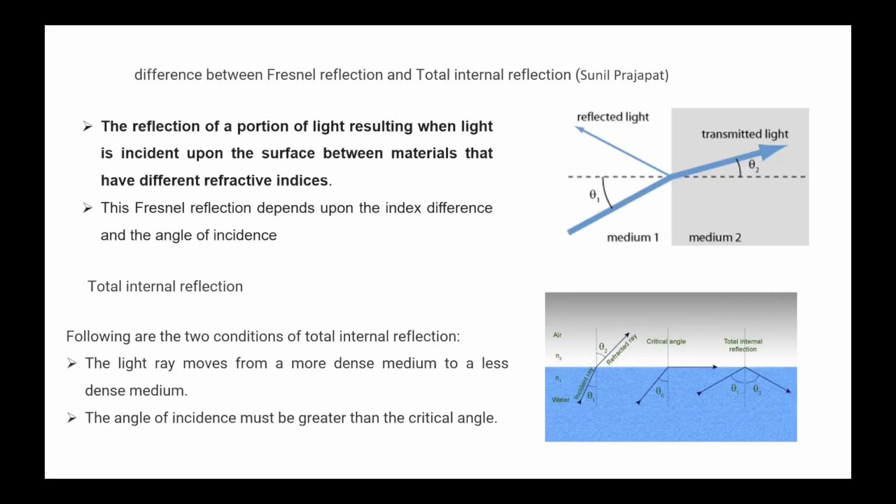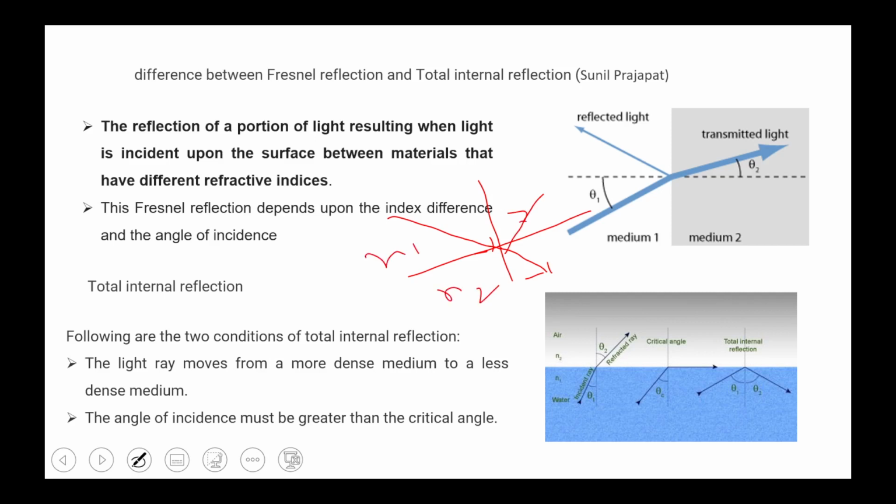Sunil Prajapati has asked on Google Classroom one question: the difference between frontal reflection and total internal reflection. In frontal reflection, there are two media. We have an incident light, and some part will be transmitted and some part will be reflected. They have refractive indices n1 and n2, two different dielectric media.